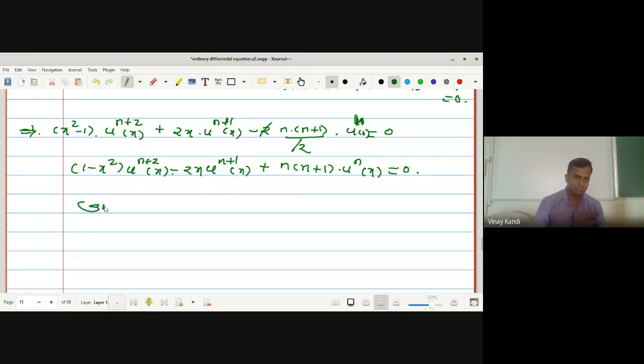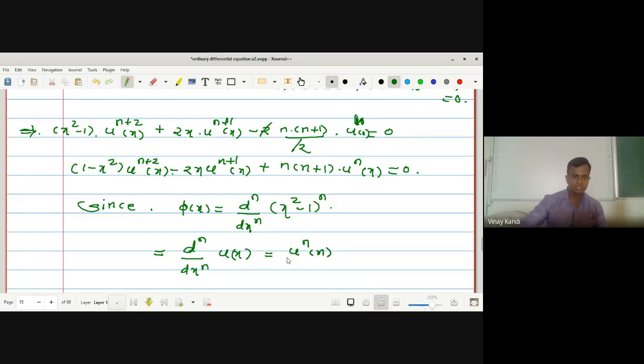Now since, what is the value of phi of x? d raised to n upon dx raised to n into x square minus 1 bracket raised to n, which implies d raised to n upon dx raised to n into u of x, which is equal to u raised to n of x.